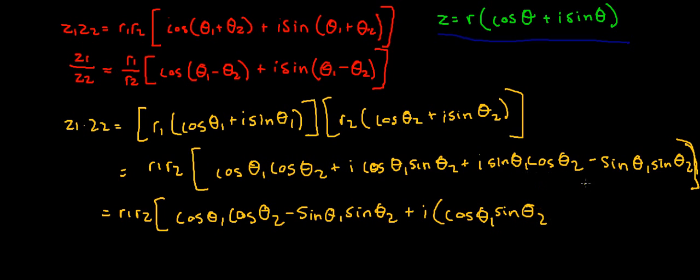The reason I'm arranging them this way will be apparent in just one moment. So I'll rearrange this, and this should definitely look familiar because it is one of the trigonometric identities that I learned earlier, so it'll be a way for me to simplify.